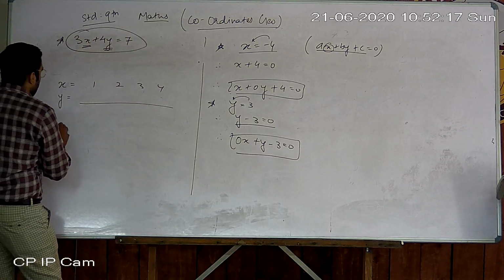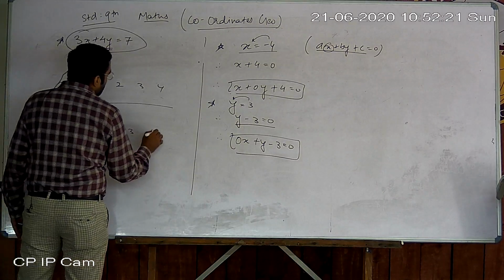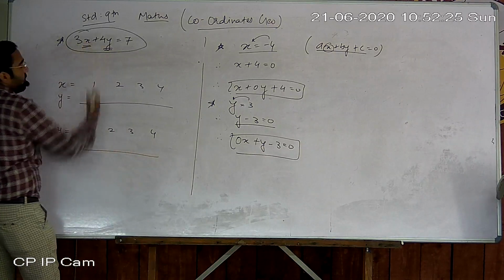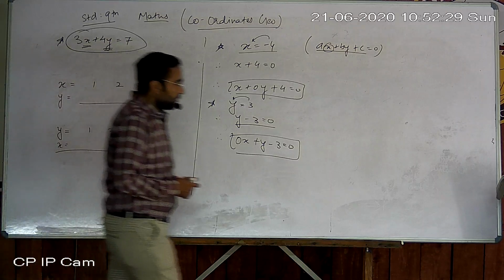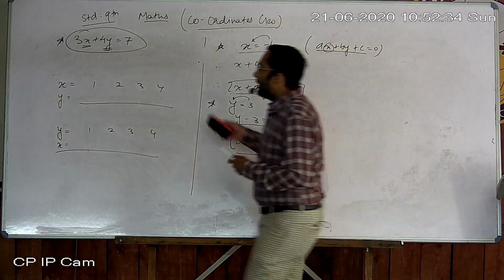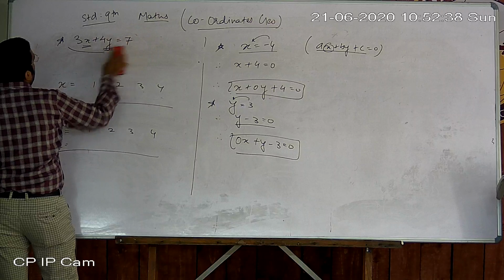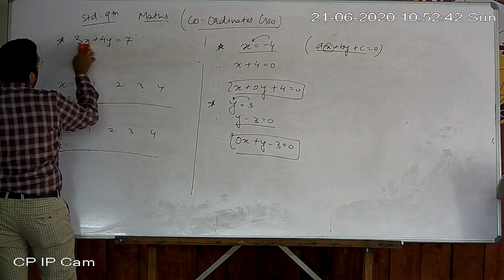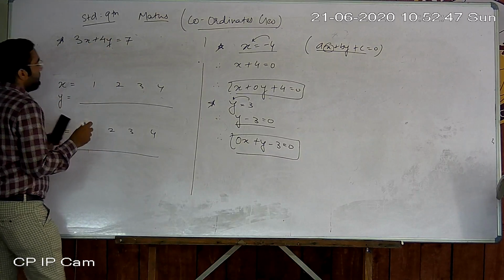Or if you want to write the value of y as 1, 2, 3, 4, then you have to find the value of x corresponding to the equation. So we have to see both cases. In the first case, I'll put the value of x as 1, 2, 3, 4. Now solve it.